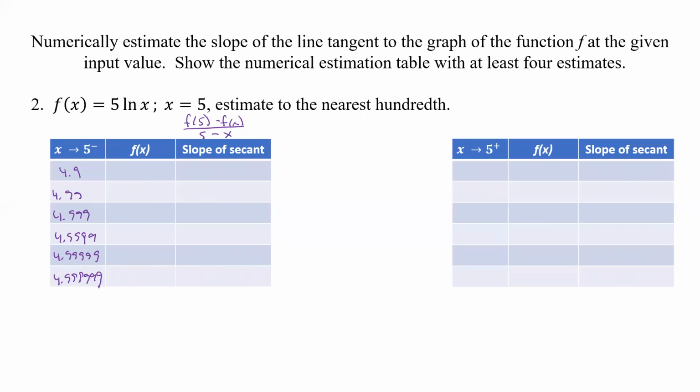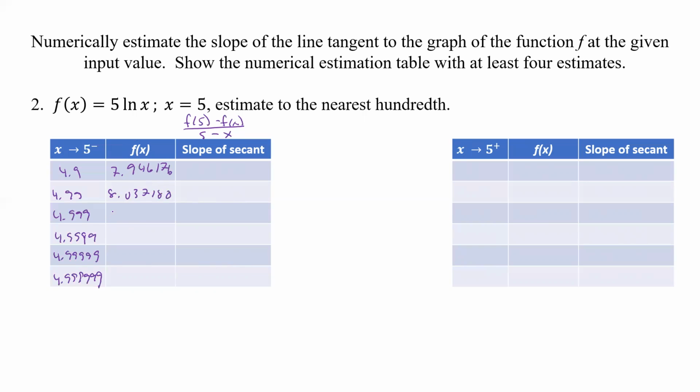Now we type that into our calculator, so we'll have 5 times the ln of 4.9, and that's going to give us 7.946176026. And what are we going to write that as? We're just going to say that's 7.9461760. And then we do the same thing for 4.99, and we get 8.037180.